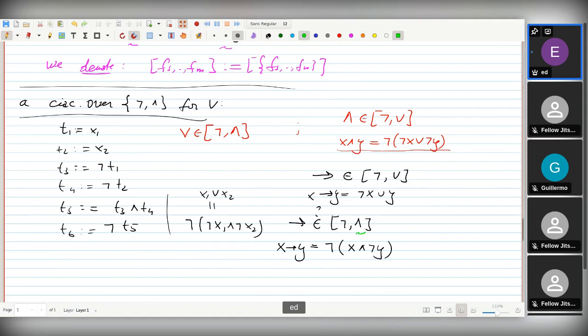We know that conjunction may be computed from negation and disjunction. And disjunction can be computed from negation and conjunction. That means that you can somehow replace disjunction here in this circuit with a conjunction. Is this idea clear?